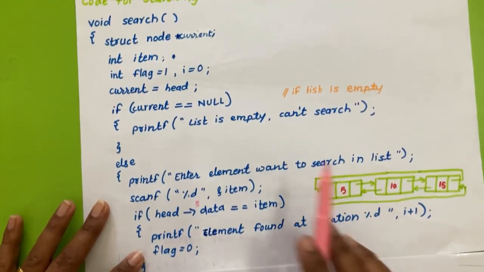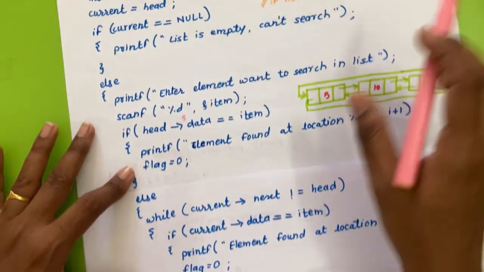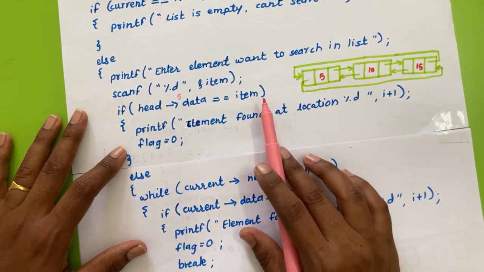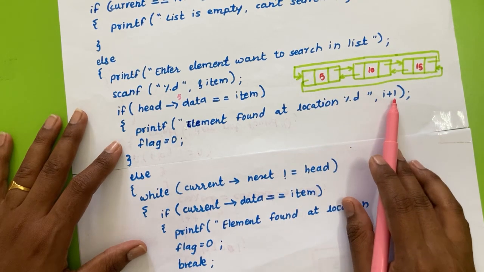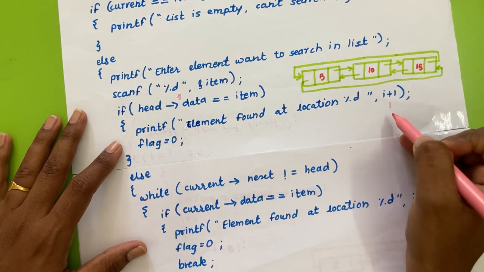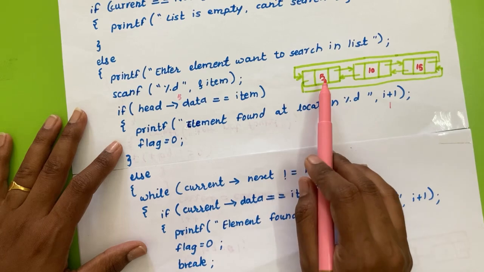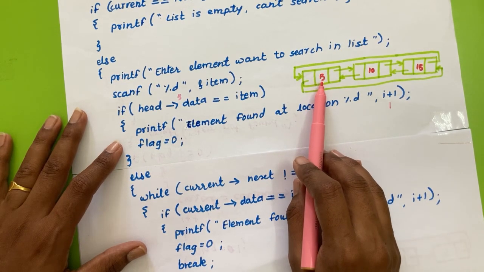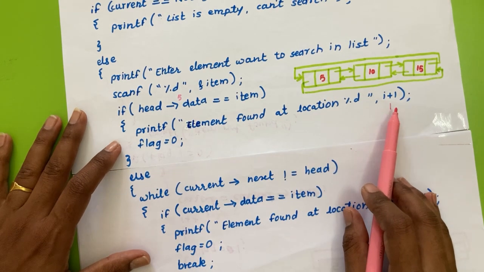We initialized the value of i as 0, but now we are at the head position, so instead of 0 we want to print the location of the element, which is 0 plus 1, that is the head's location. So 0 plus 1 is equal to 1. If the searched element is present at the head position only, it will print its location as 1.